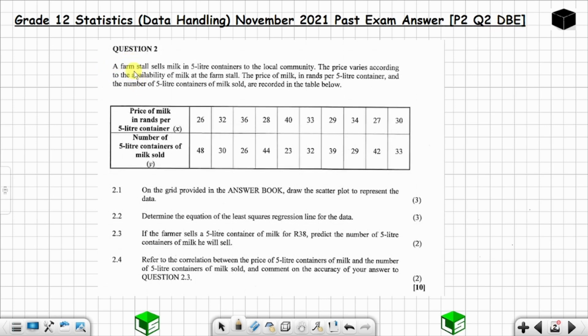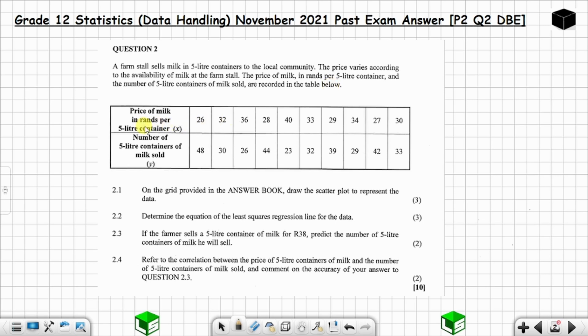A farm stall sells milk in 5-liter containers to the local community. The price varies according to the availability of milk at the farm stall. The price of milk in rand per 5-liter container and the number of 5-liter containers of milk sold are recorded in the table below.